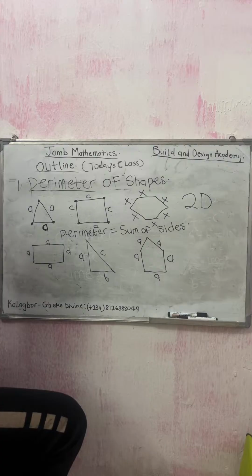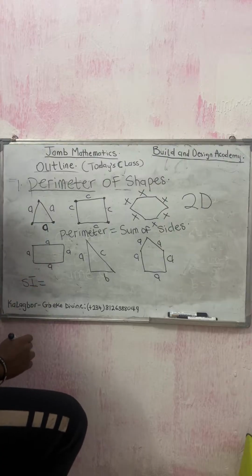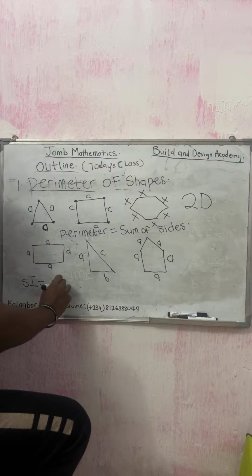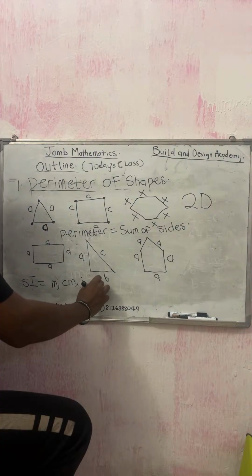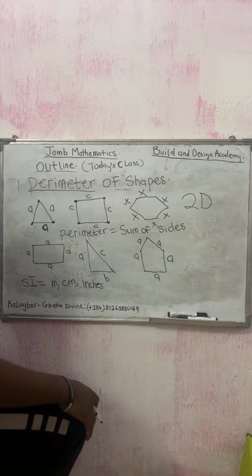The standard unit, or SI unit, for perimeter is measured either in meters, or in centimeters, or in inches. So these are some of the units used to measure perimeters.